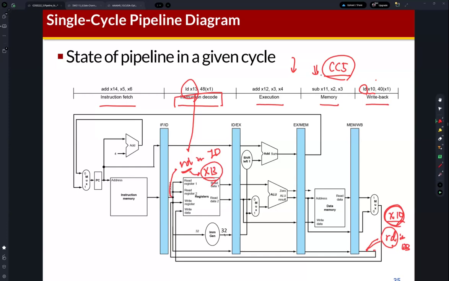In the write back stage, this load instruction is writing data to the register file using this RD, right? That's why we need to propagate the RD to the write back stage.